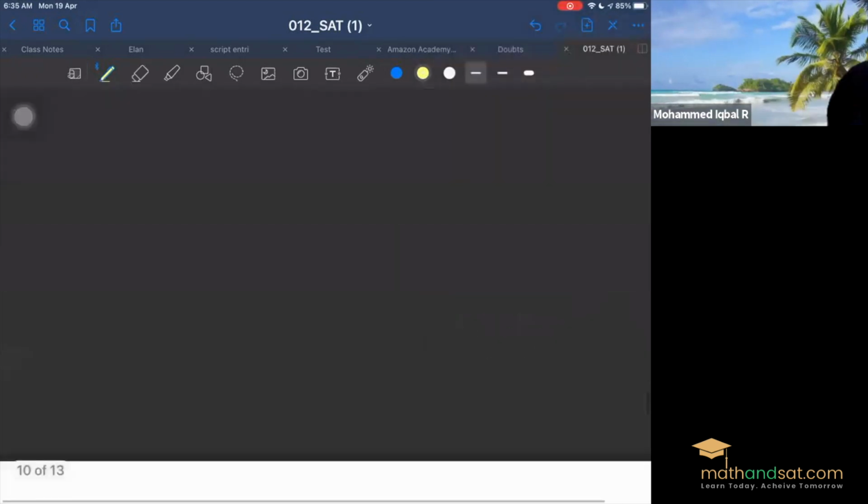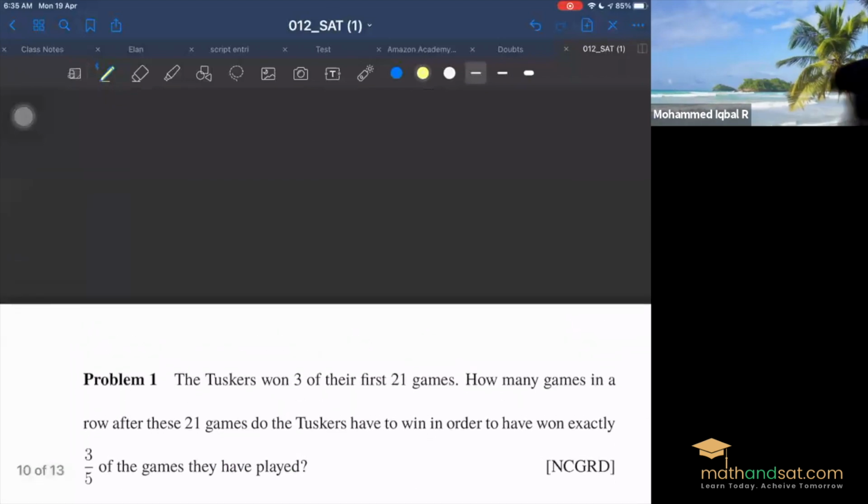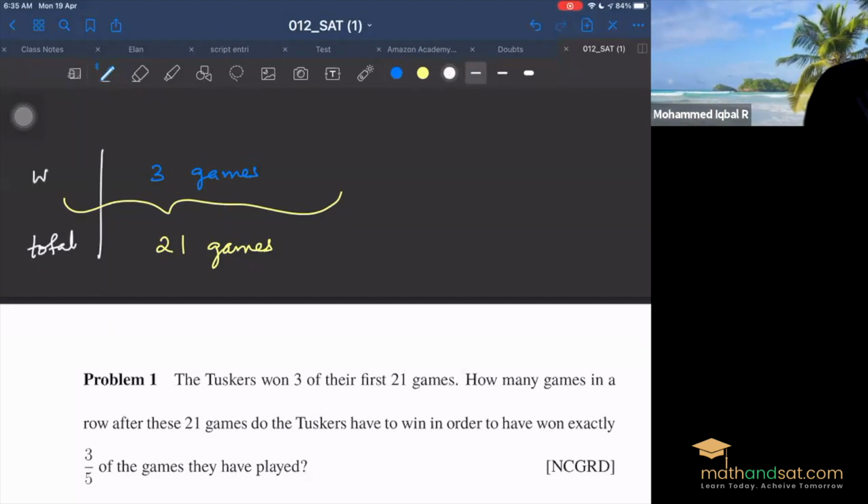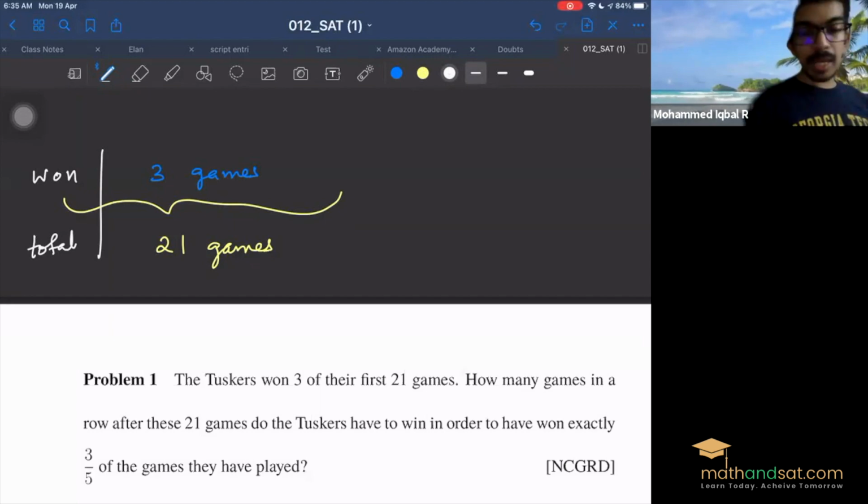So initially, the information that we have is out of the 21 games, they have just won 3 games. This is the total number of games, and this is the games they have won. Now, our question talks about how many games in a row.